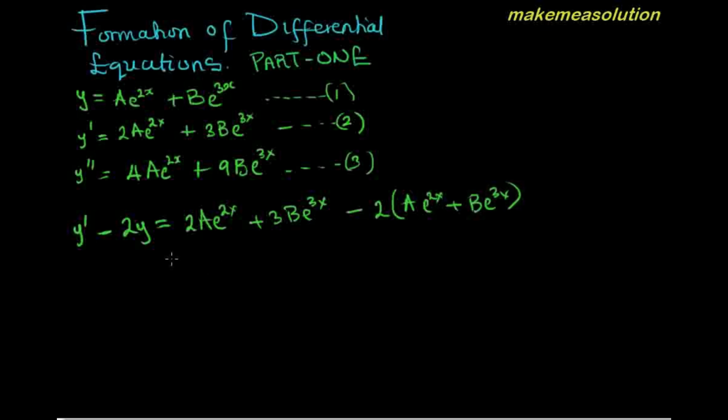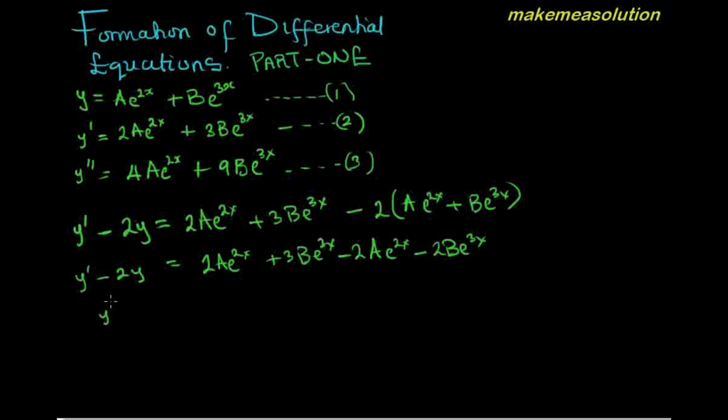So this is equal to 2a exponential 2x plus 3b exponential 3x minus 2a exponential 2x minus 2b exponential 3x. So this is our y prime minus 2y.